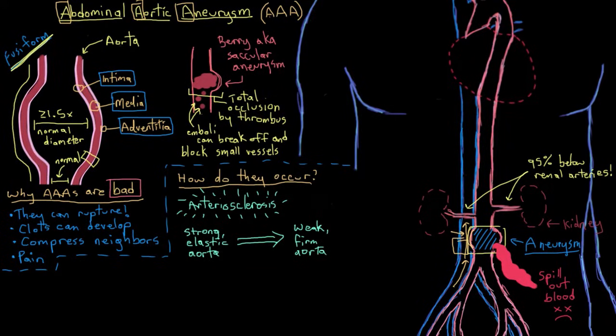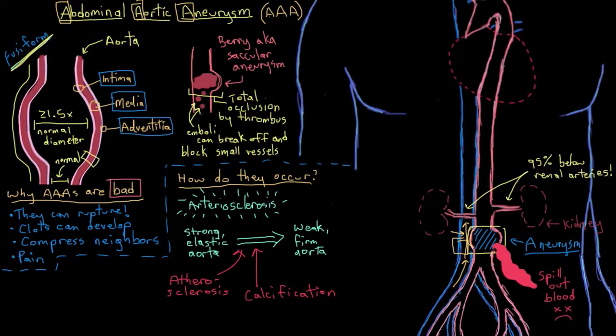A weaker, less elastic, more firm artery is less able to deal with the blood pressure wave that passes by every second. And there are three main causes that an artery would undergo arteriosclerosis, or hardening. One is atherosclerosis, where you get fatty deposits on the inner lining of the artery. Calcification of the wall of the artery, where calcium builds up as we age, can cause the artery to stiffen as well.